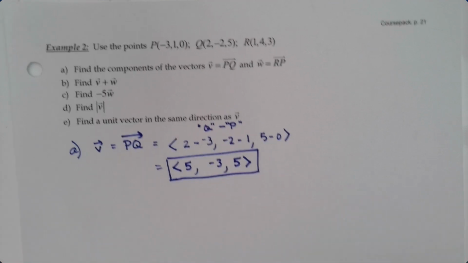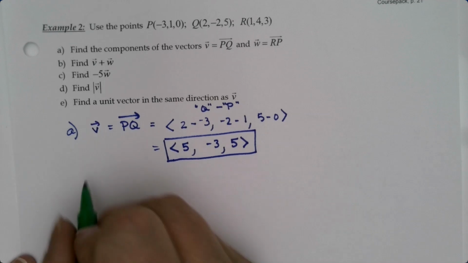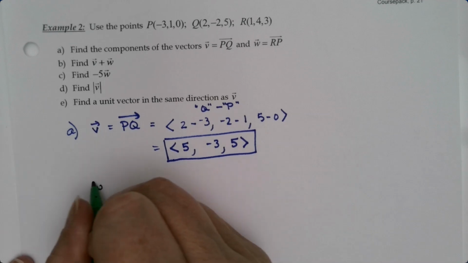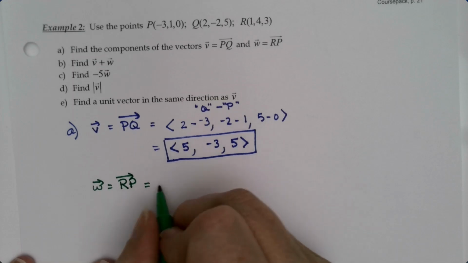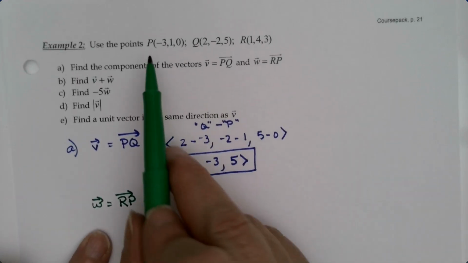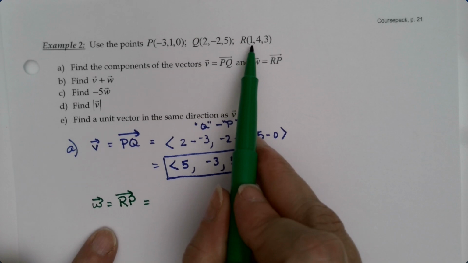Now for vector W, we're going to do the same thing. Here, I'll do it right here. So vector W, but this time it's RP. So we want to take P as the terminal and R as the initial.